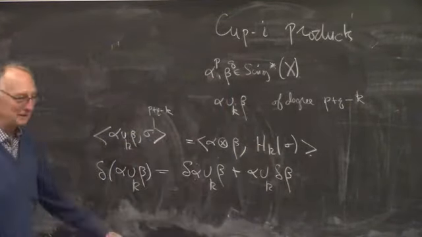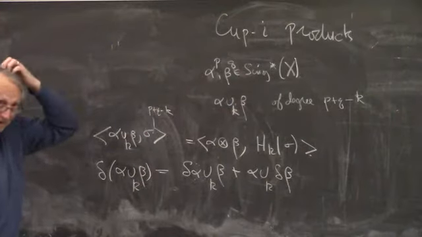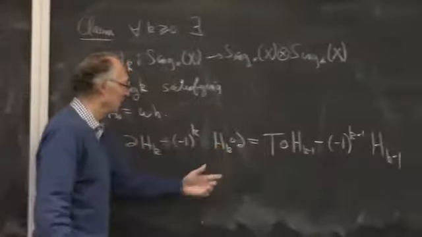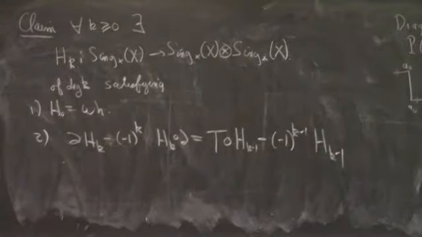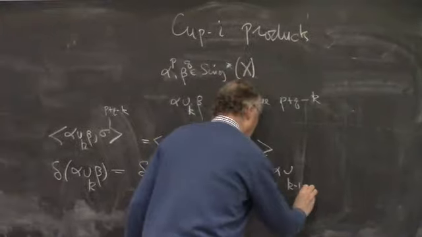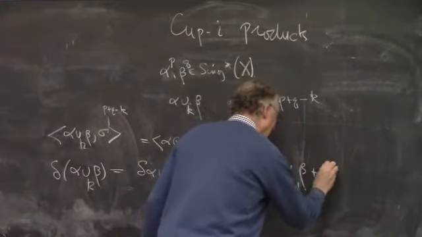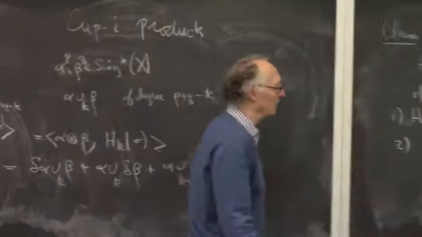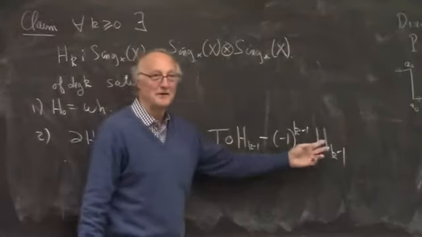That's what you get for the usual Whitney product. But now there are two more terms, which are alpha cup K minus 1 beta plus beta cup K minus 1 alpha. And they come from these two guys.